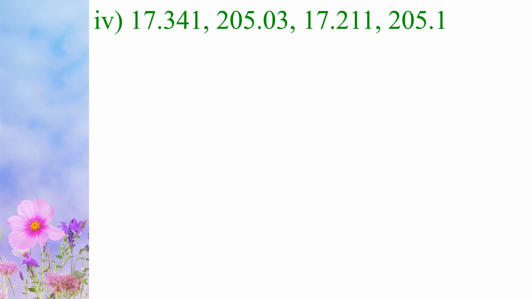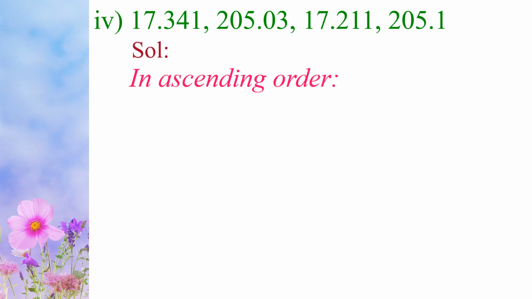Fourth problem: 17.341, 205.03, 17.211, 205.1. Now let's write them in ascending order. We already know ascending order means arranging the decimals from smallest to greatest.